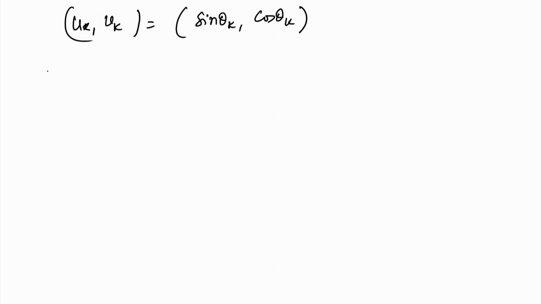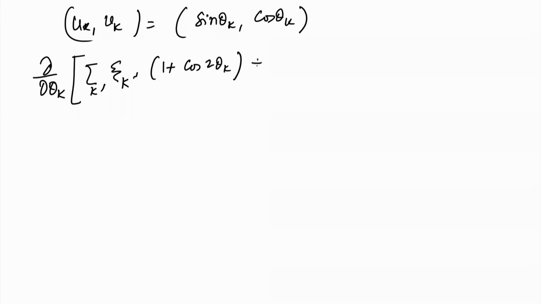Now, what we do is take a variation with respect to theta_k of this. I will use a dummy variable k prime. Once again, this algebra you should do, because we have written v_k square as (1 plus cosine 2 theta_k)/2, and there is a sum over k prime, l of V_k'l sin 2 theta_k' sin 2 theta_l.